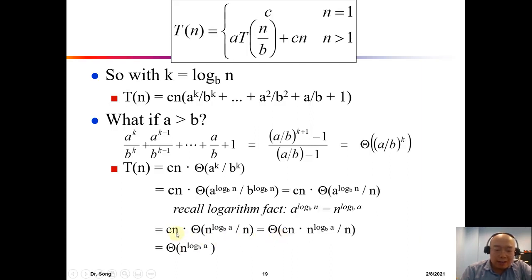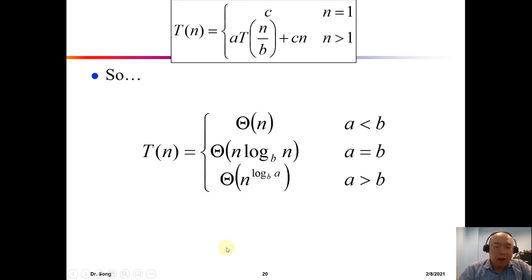So this n will cancel this n, and we have a theta n to the log base b of a algorithm. And that is for the case when a is greater than b. So when a is greater than b, this divide and conquer algorithm is a theta n to the log base b of a algorithm.